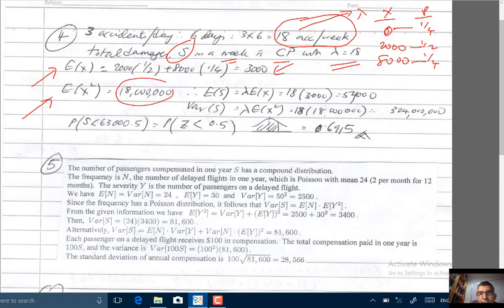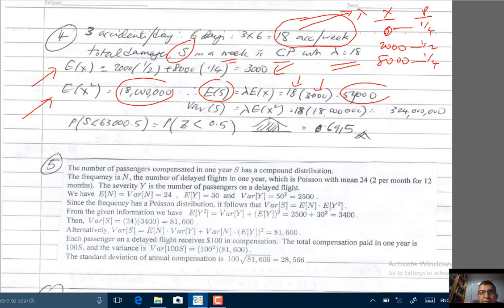So the expected value of S, we know from our class, will be lambda times the expected value of x. Sometimes we write it as lambda m1. So 18 times how much? 3,000, you will get 54,000.